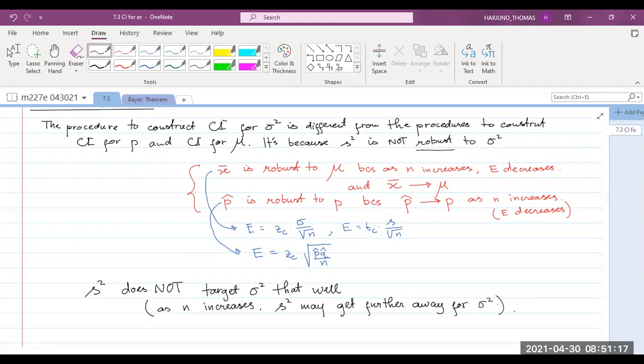The interval that we get will get narrower as n increases, but it doesn't get narrower as fast as with the previous two confidence intervals.